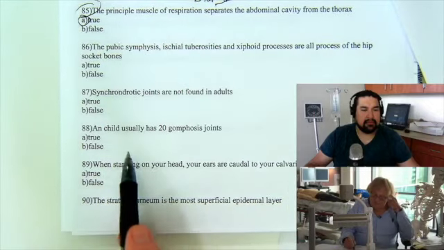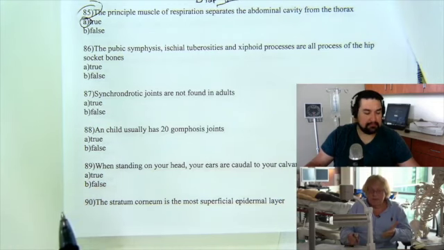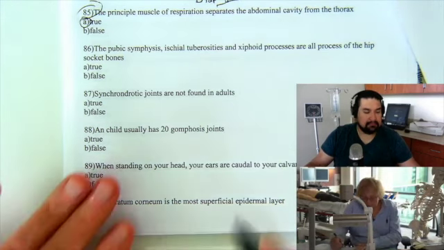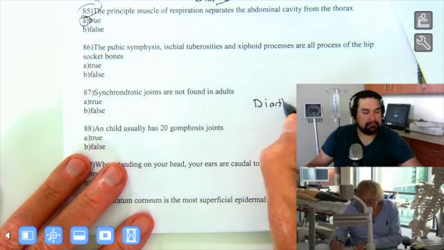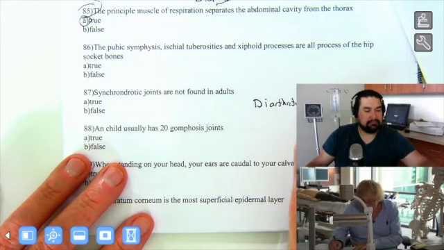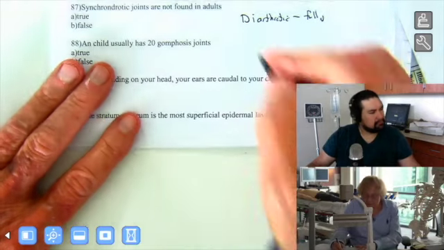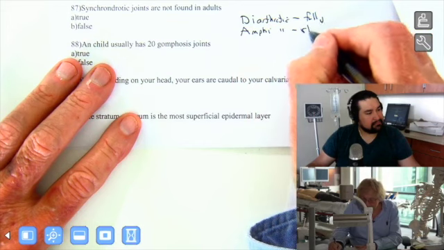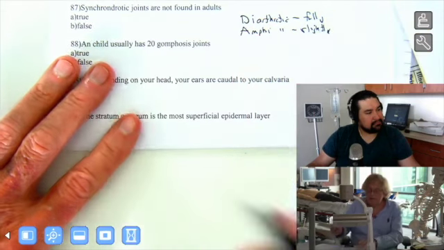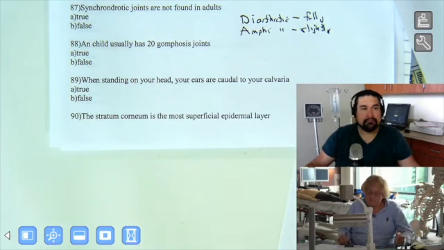Let's just do one more here. It says a child usually has 20 gomphosis joints. Remember, I've got different types of joints. I've got diarthrotic; di means fully movable, and most of the joints in the body are fully movable. I've got amphiarthrotic, slightly movable. We talked about a lot of those with the vertebral column, or the pubic symphysis.